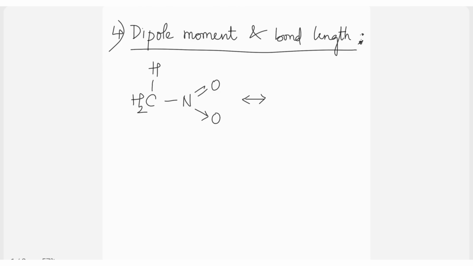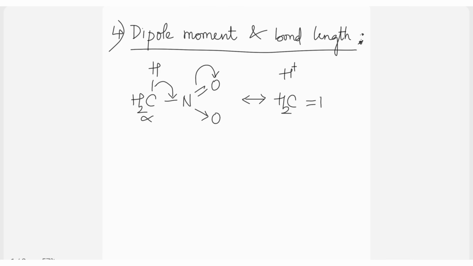So the next application is about dipole moment and bond length. Whenever we see hyperconjugation, suppose in the case of methyl nitrate, the present example, we can see the alpha hydrogen bond is shifted onto the carbon nitrogen bond, and this pi bond is shifted onto the oxygen. Accordingly we get CH2 H plus with no bond.